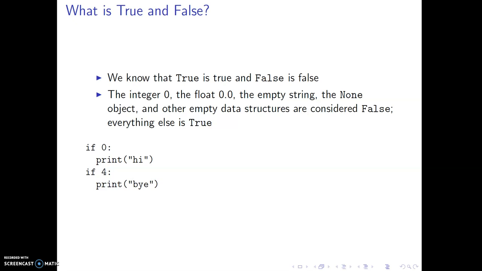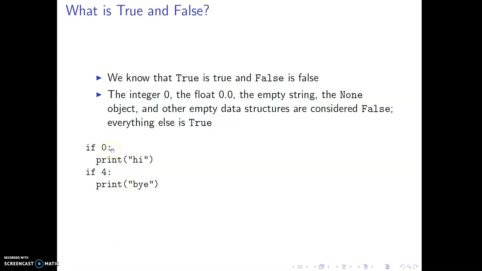This is interesting, and you can make use of this in kind of neat ways, I think. It's even more flexible than R in this way. And everything else is true. Okay, so if it's not a 0 or a 0.0 or an empty string or a None or some other kind of empty data structure, more general or more specific, whatever it is, then it's going to be true.